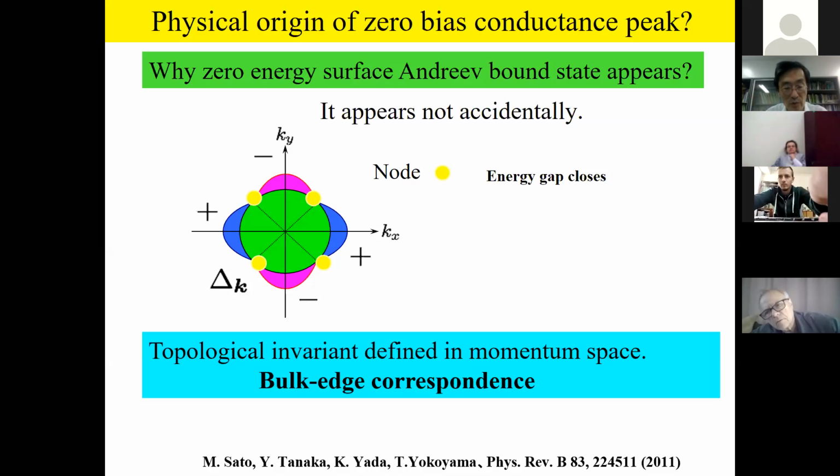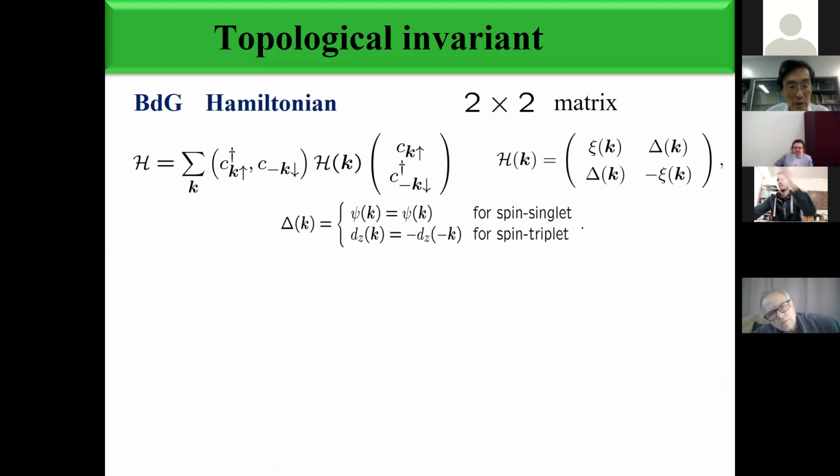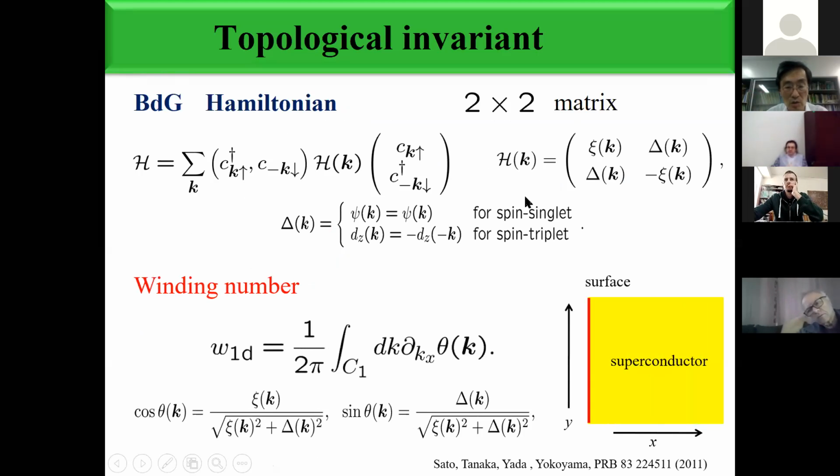I'd like to mention this in relevance to the D-wave superconductor case we have been studying. This work was mainly done by Professor Sato, who is now working at the Yukawa Institute in Kyoto University. Let's start from a 2 by 2 matrix written in momentum space. The Hamiltonian is given by ξ, Δ, minus ξ, and Δ is chosen like that for the spin singlet case, and we choose z equals 0 pairing.